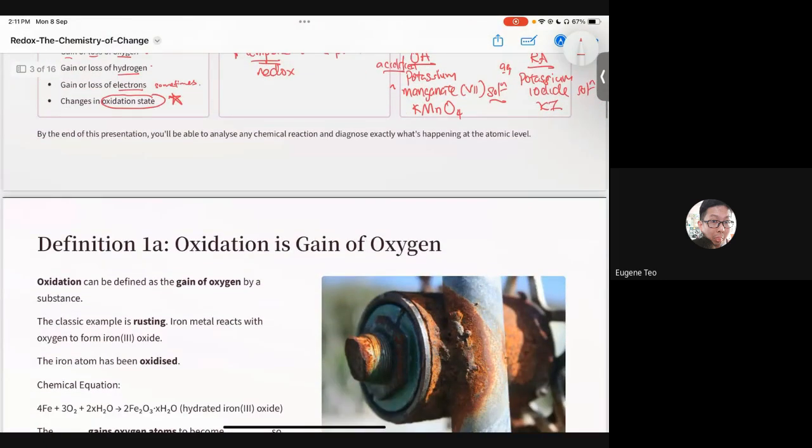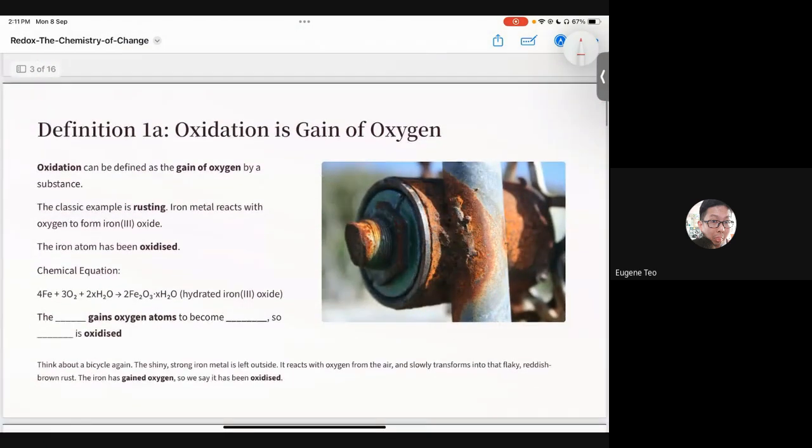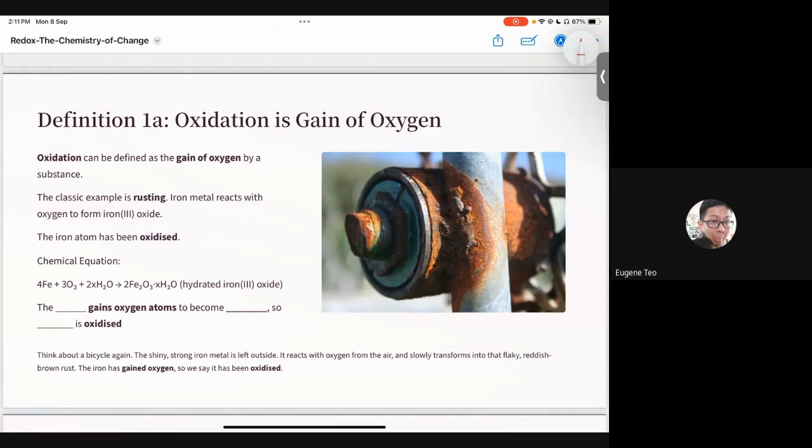Okay, so first, definitions in terms of redox. You're going to see how I mention reduction and oxidation. We're going to highlight how you identify oxidation and how you identify reduction.